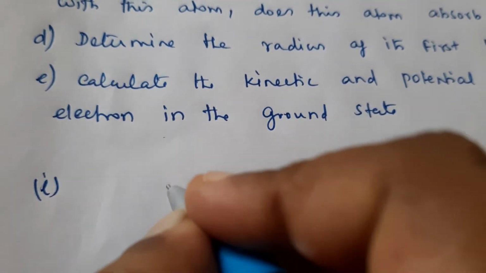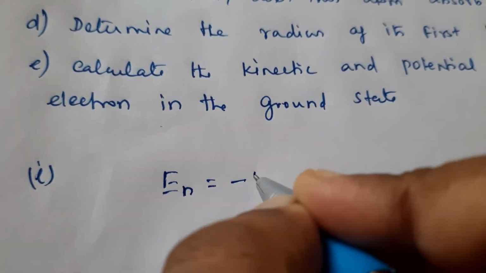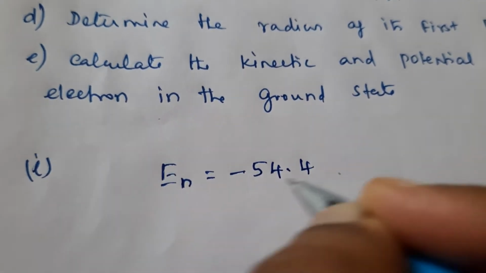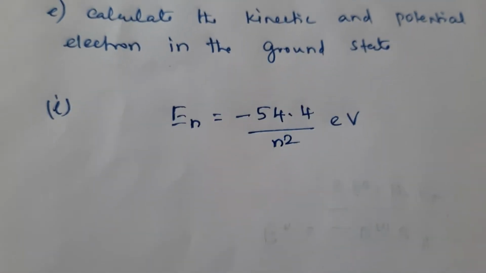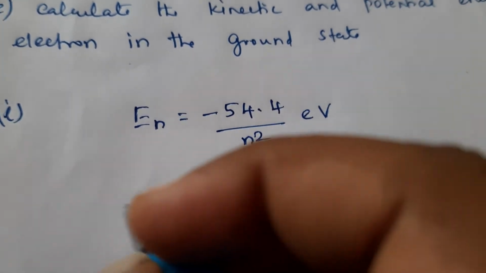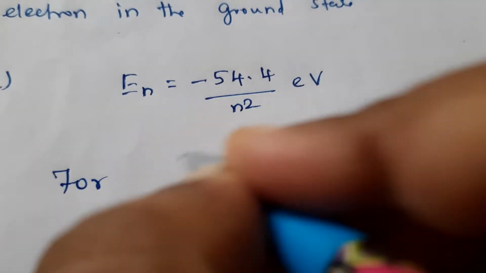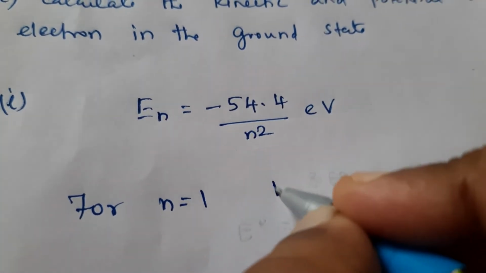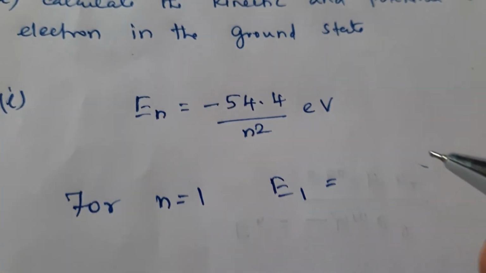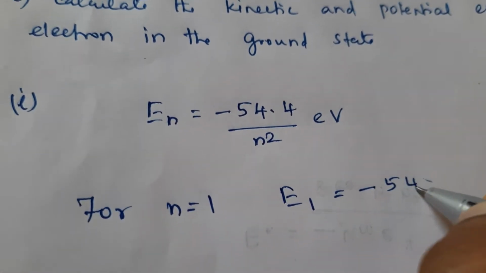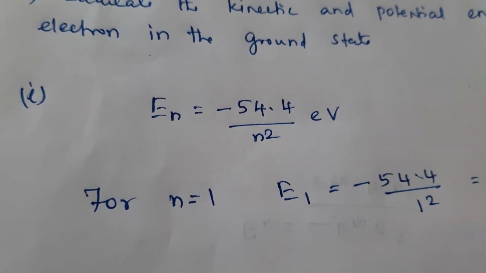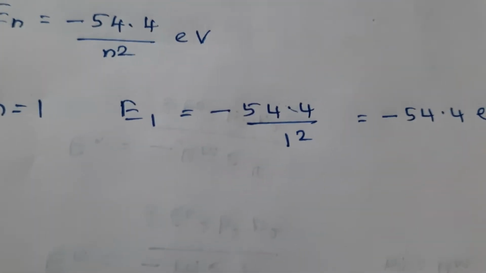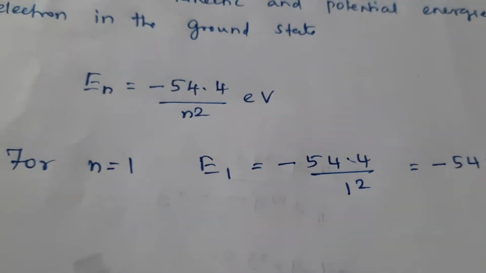Energy En = -54.4/n² electron volt. Now for n = 1, E1 = -54.4/1², which is nothing but -54.4 electron volt.